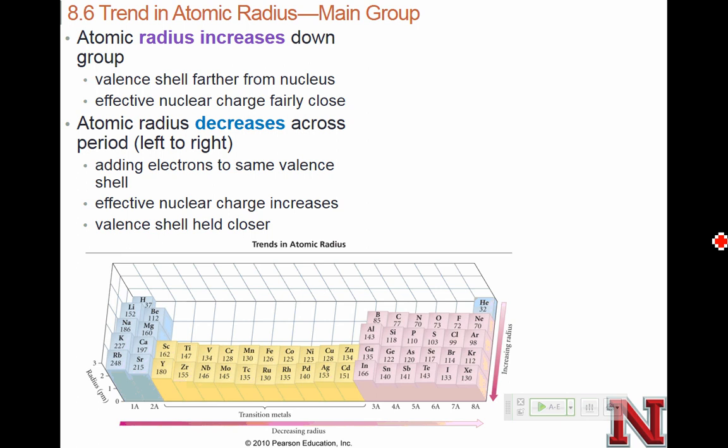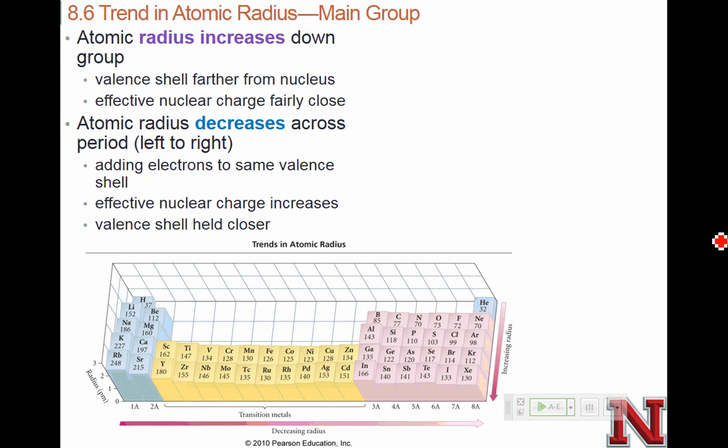So the other thing to understand is that size difference going down is really big, whereas the size difference going across isn't negligible. It does make a difference, but it's not as big of a difference as when you're going down. So what that means is phosphorus is lower in the periodic table than carbon, but it's more to this side.